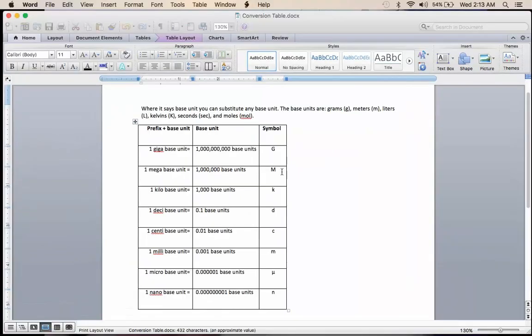Now we need to do the same thing for the other part of our table. This time we're focusing on mega because the capital M is the prefix and that capital M stands for mega. So we look at the mega section of our table. Remember, guys, take the time, write out the step, especially if you're struggling with which unit the number goes next to. It tells us 1 mega base unit equals 1 times 10 to the 6 base units.